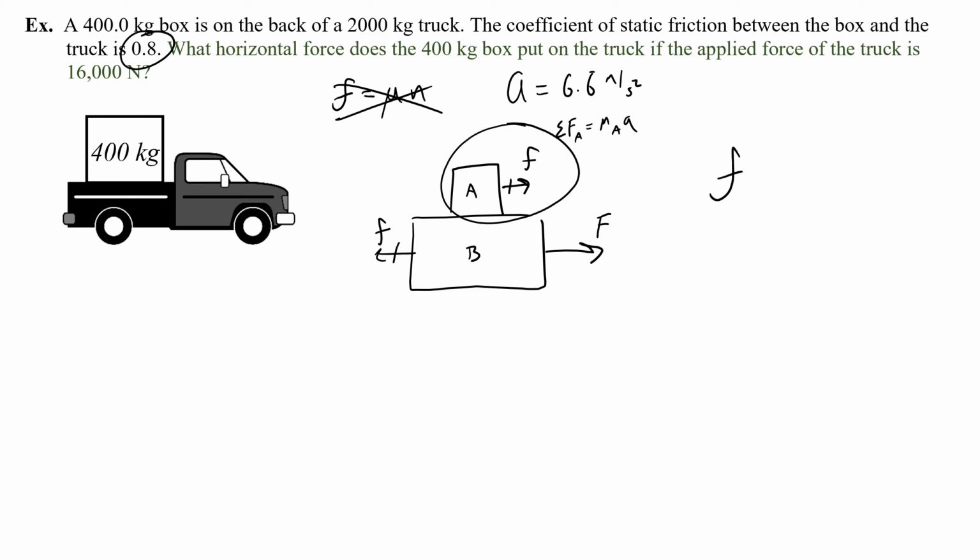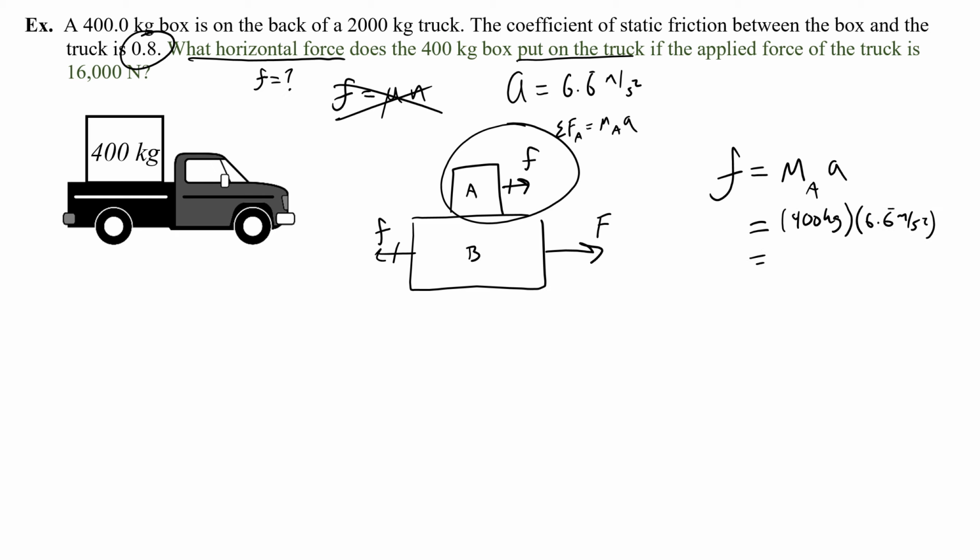So the friction, the horizontal force that it puts on the truck, which is what we're trying to find, is equal to the mass of A times that acceleration. So I take the mass of A, 400 kilograms, and multiply by the acceleration, 6.6 meters per second squared.